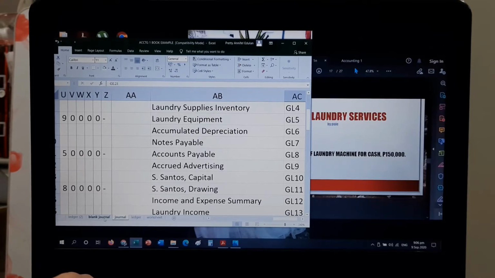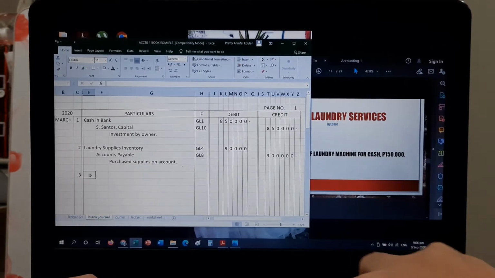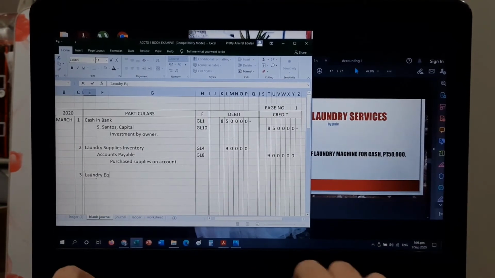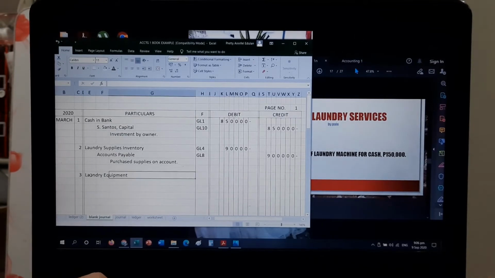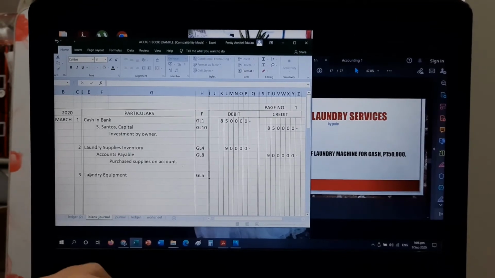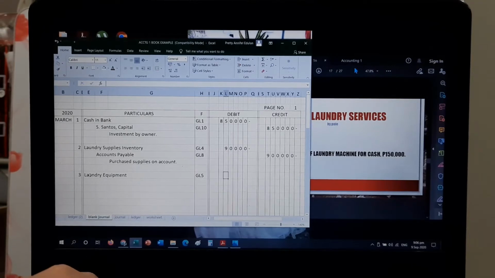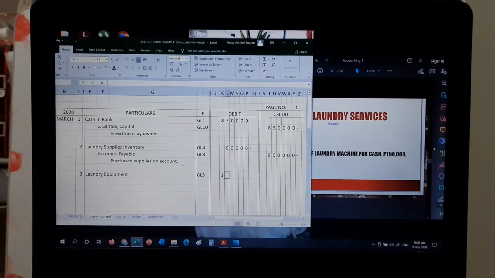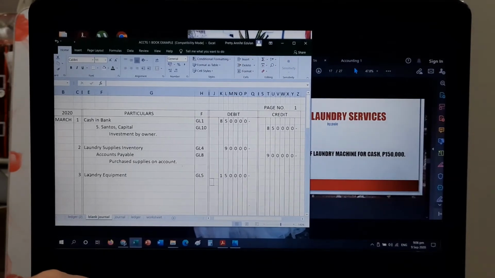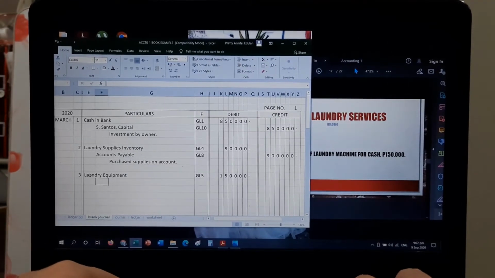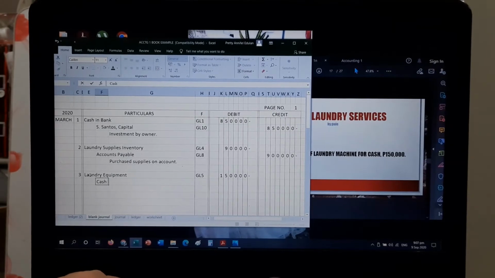So that is Laundry Equipment, GL5. So that is 150,000. Since that is a cash transaction, we paid for it, so we forgo cash.